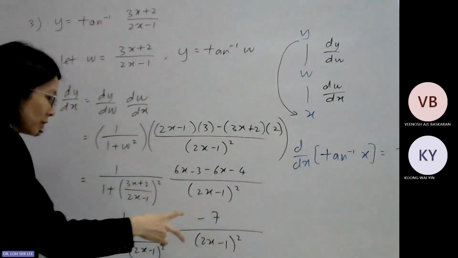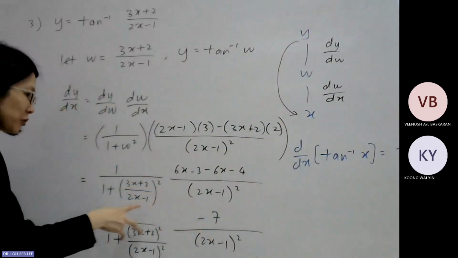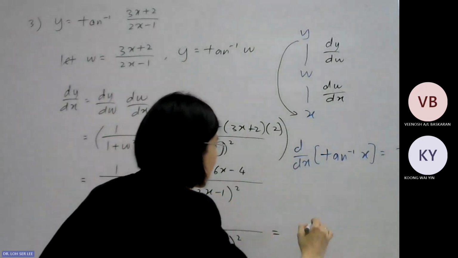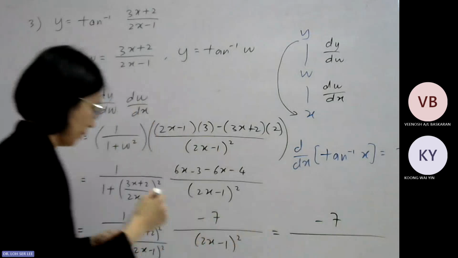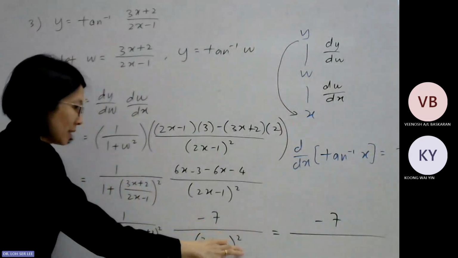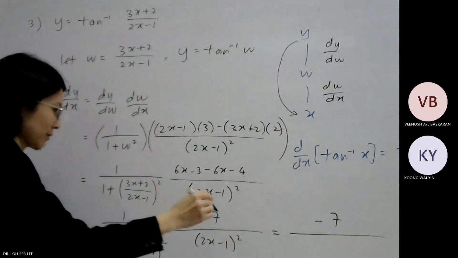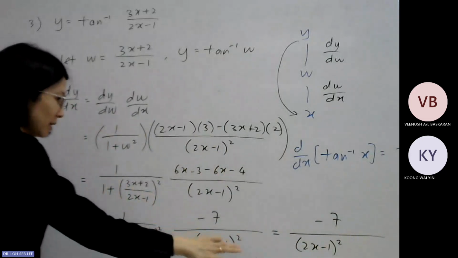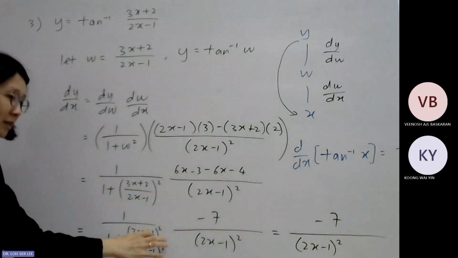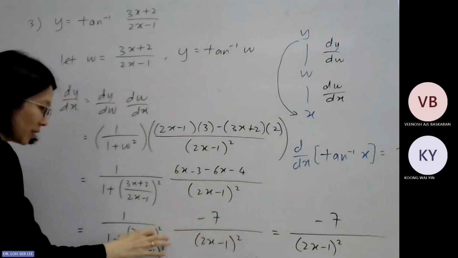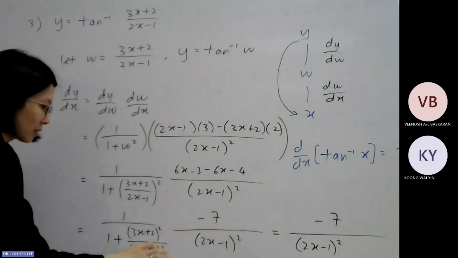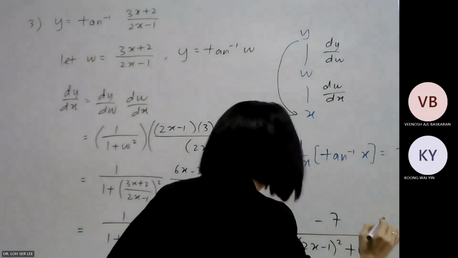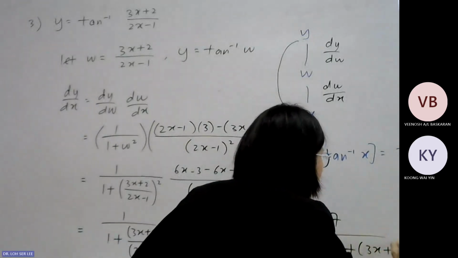We want to multiply, right? That means negative 7 times 1, and then this one times 1. Then this one times this, that means we can cancel out this one, so we can have this (3x plus 2) squared.